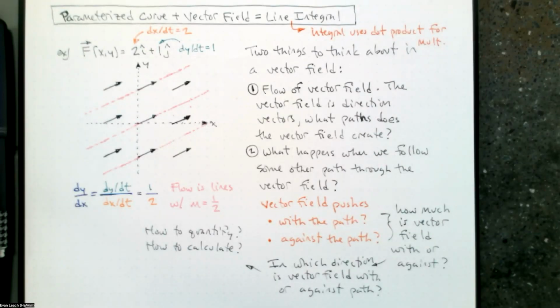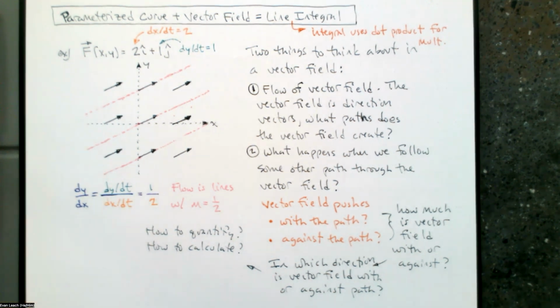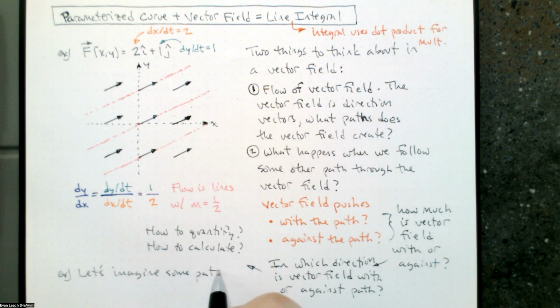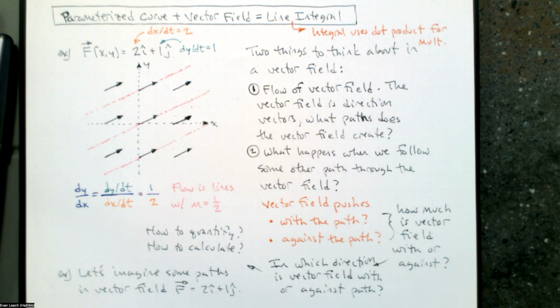Let's just imagine some paths. We're going to imagine some paths running through this vector field F, F = 2i + 1j.